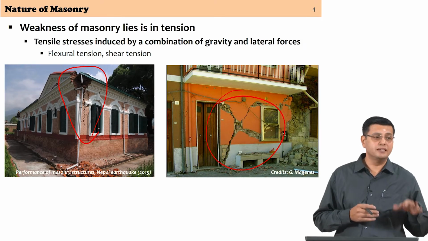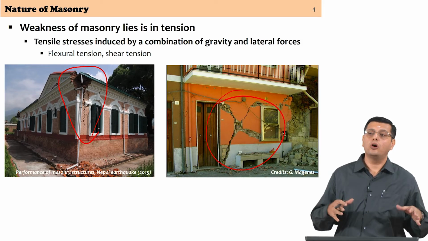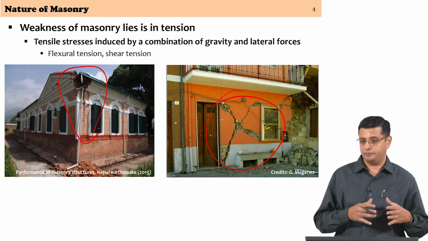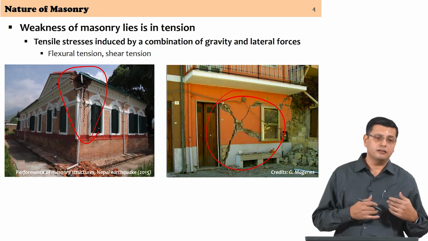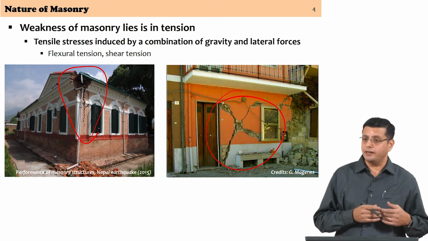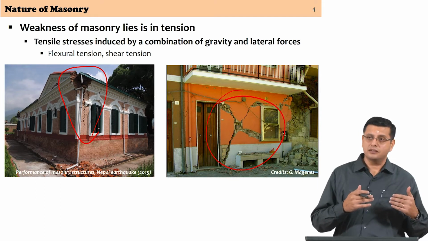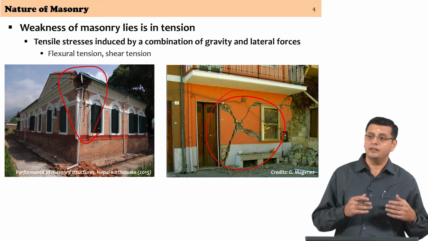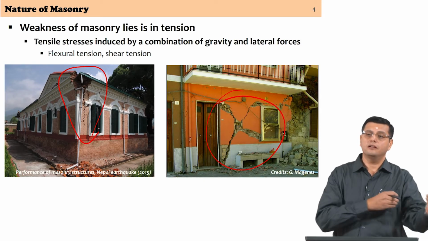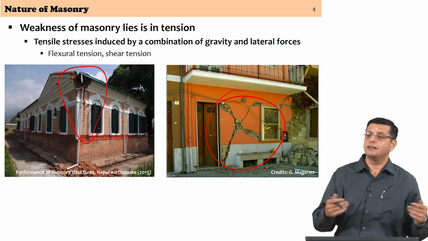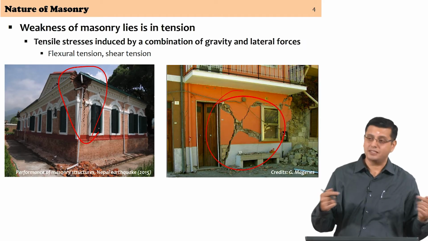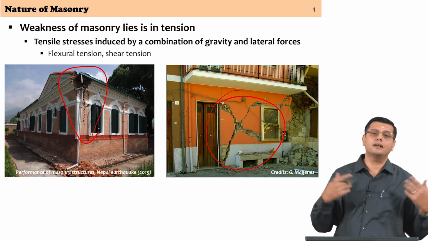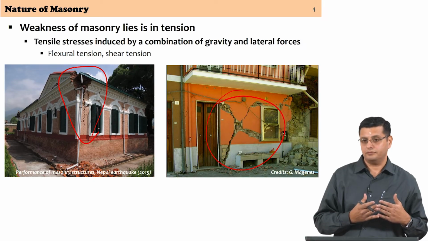Unless specifically designed, these walls are not tied together or held together. In regions where earthquakes are prevalent, the structure over several hundred years evolves in a manner that tensile resisting elements or ties are introduced such that the structure works together.